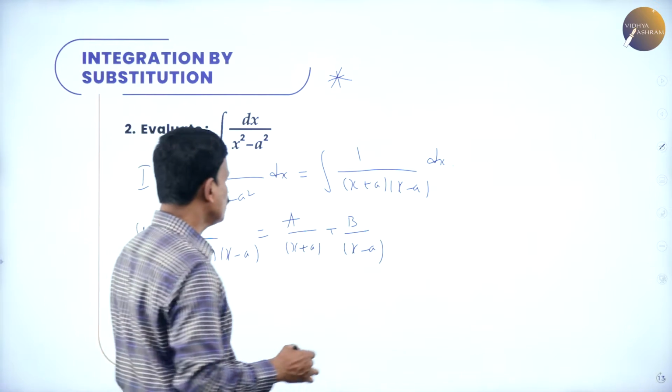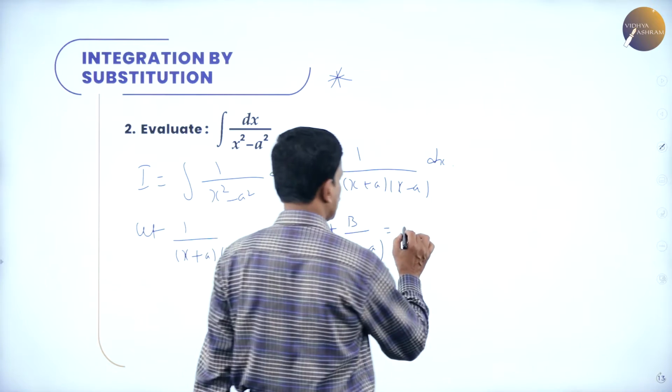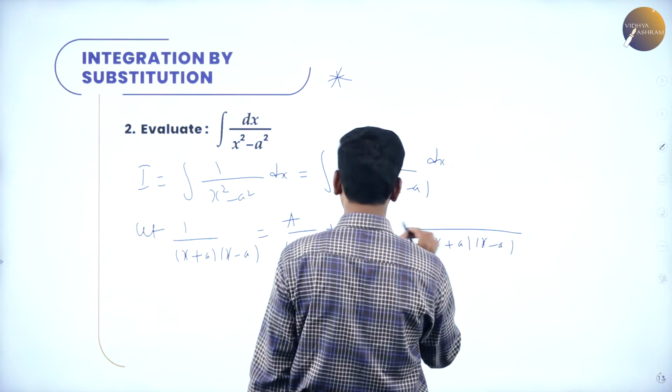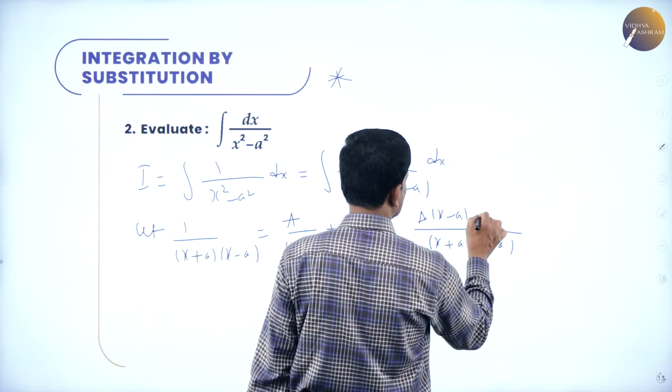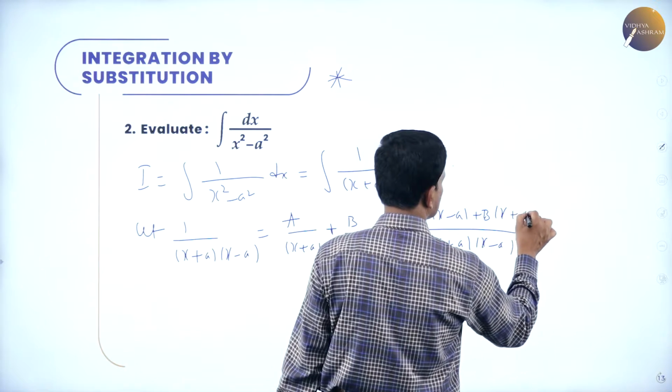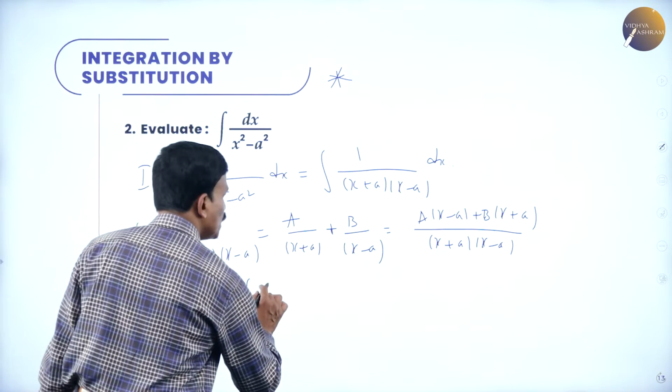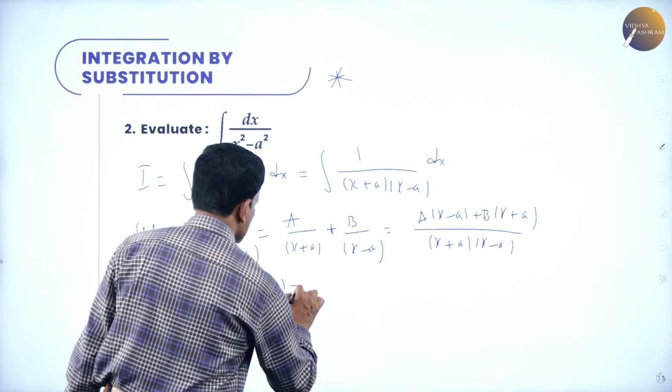Now this can be written as, take LCM, x plus a into x minus a, cross multiplied: A into x minus a plus B into x plus a.